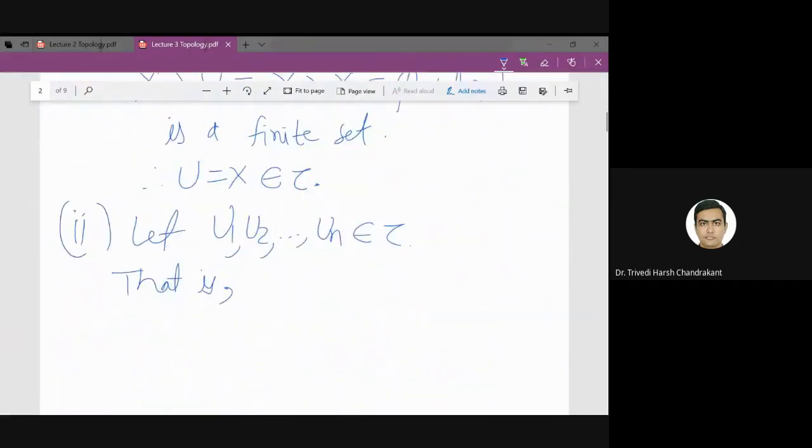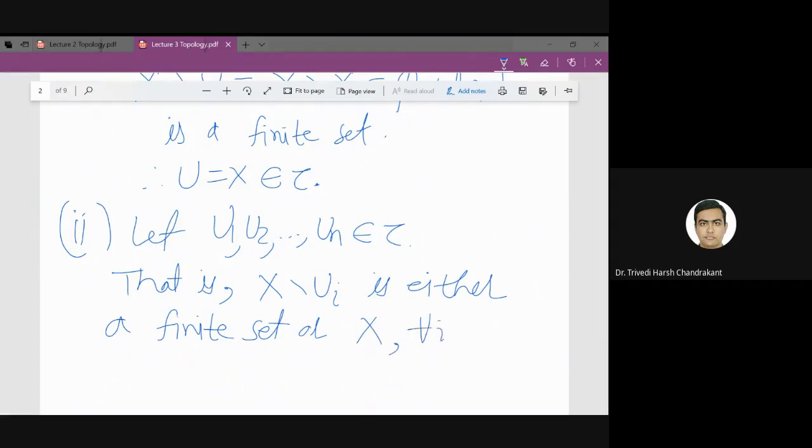So therefore we are getting x minus ui is either a finite set or whole x for every i equal to 1, 2, up to n, right?